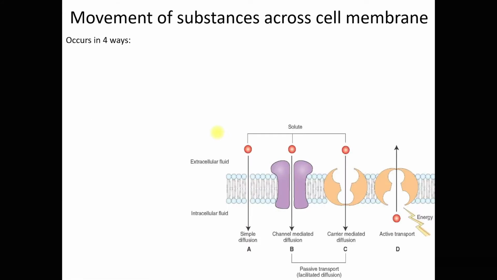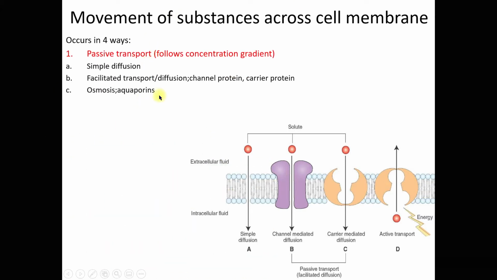Now let's continue with movement of substances across the cell membrane. These substances move across the cell membrane in 4 ways. First is passive transport.